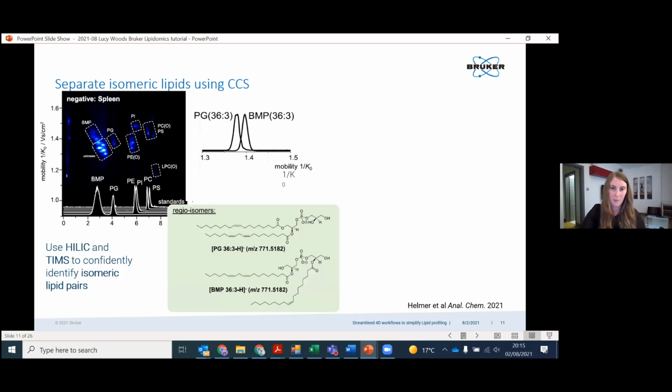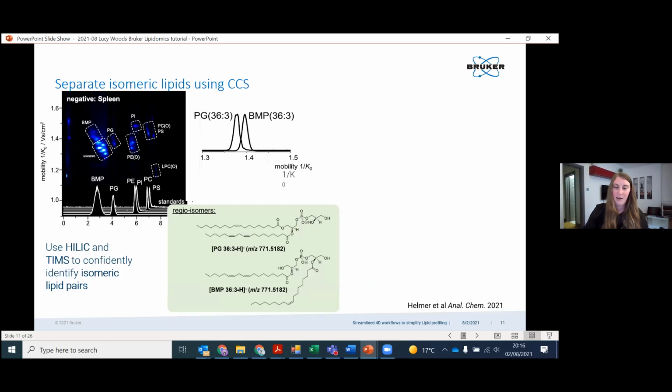Now, these 2 lipids are completely isomeric, so there's no way to separate them using mass alone. And you need an orthogonal type of separation, so either using long chromatography or different types of chromatography, or using ion mobility separation.